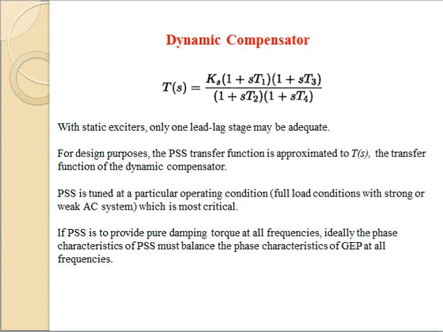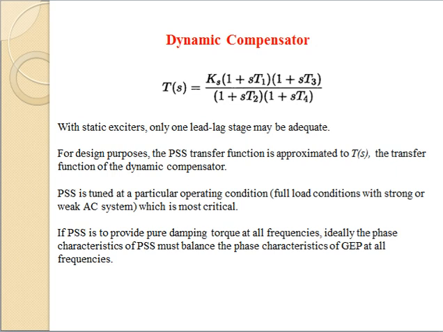Out of all those components, the major dominance in the operation of power system stabilizer is from the dynamic compensator side. So that is the reason, for design purposes, your power system stabilizer transfer function is always approximated to this dynamic compensator transfer function. So for design purposes, you can understand power system stabilizer is equivalent to dynamic compensator.